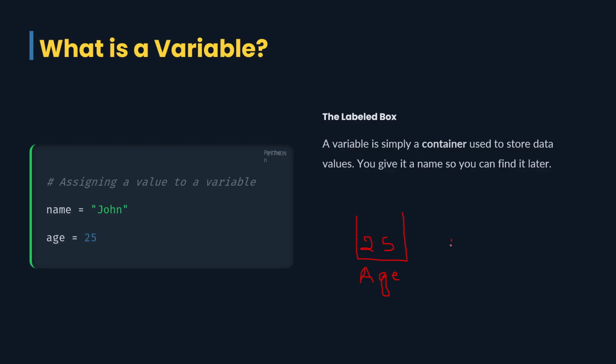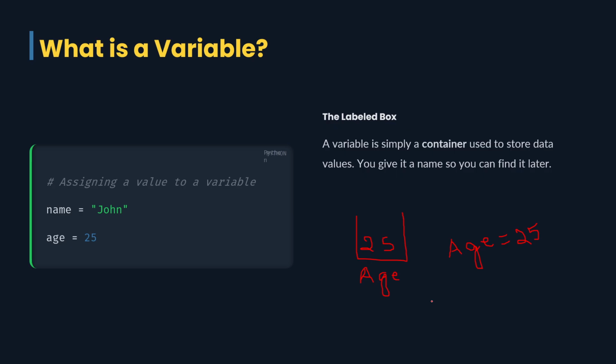In our programming, how are we going to define it? age equal to 25. In our programming, we define it in this way. So age is a variable and 25 is the value, as we are assigning this 25 to age. In our programming, we can easily access this 25 by using this age variable. I believe you understand what a variable is now.